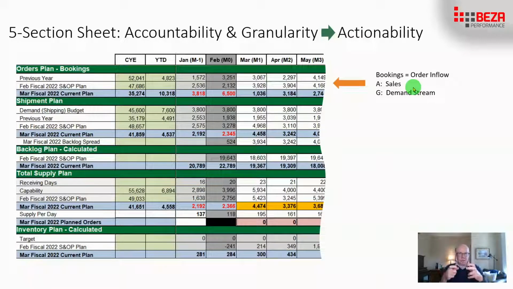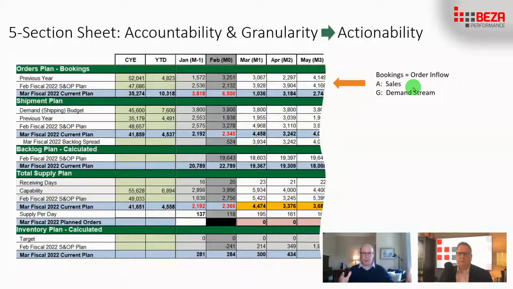But in the very near term, this is the responsibility of sales in 99% of the organizations we work with, because this is the order inflow. It's the booking of the order, regardless of when it's going to ship. Whether you have long customer lead times or short lead times, you're really driving that to the sales side of things.